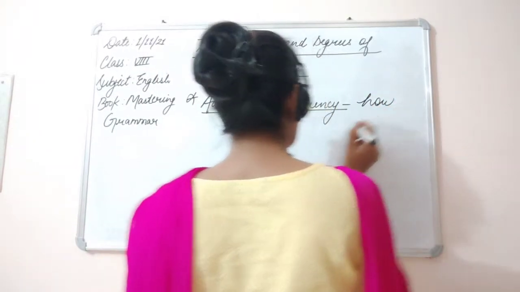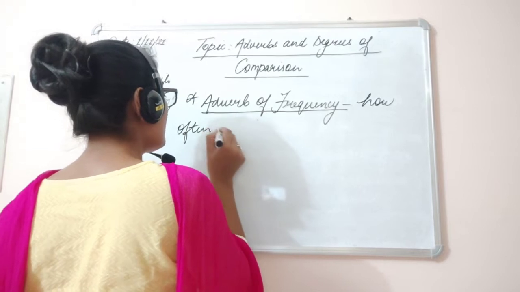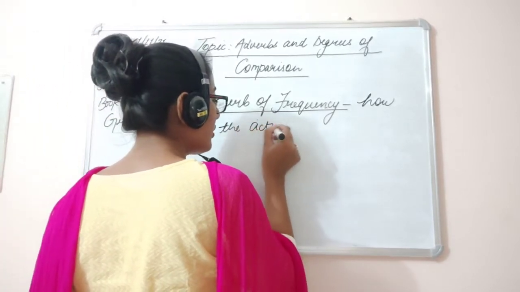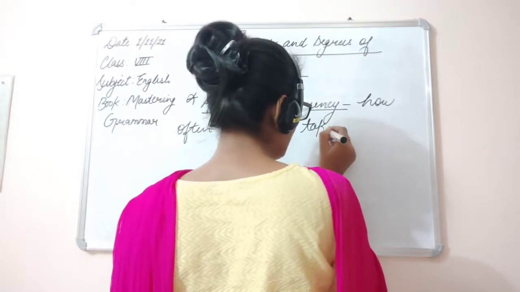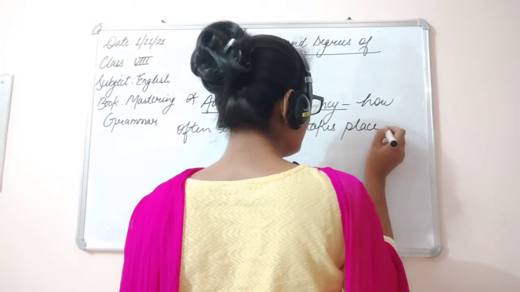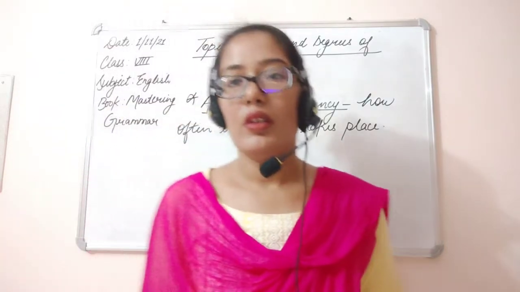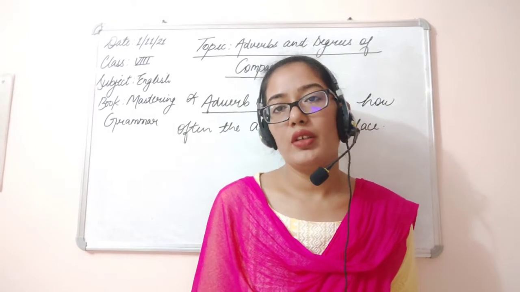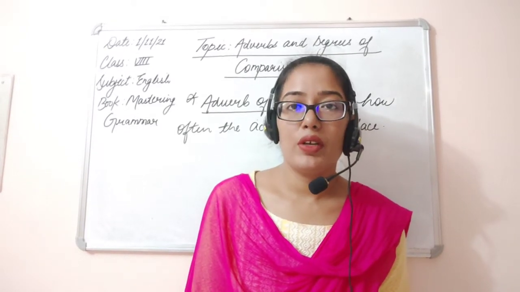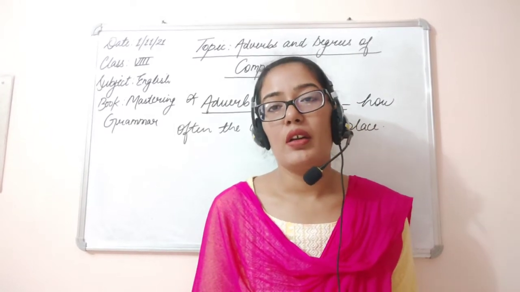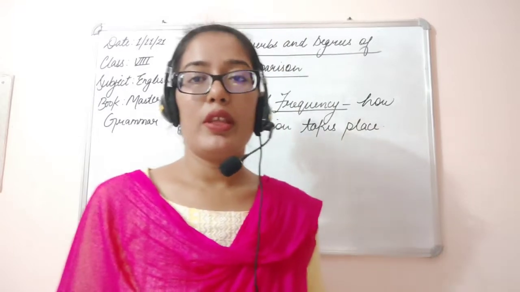How often the action takes place. For example, when we need to find how much this particular child has attended the class in the school, then we use the adverb of frequency to check how often that child has come to school to study.